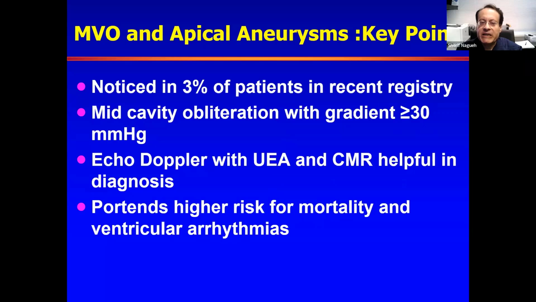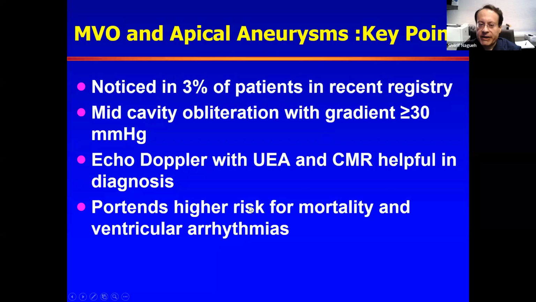Sometimes there is complete apposition of the two walls and no actual flow. In this case, the echo will tell you that there is zero gradient really because there is zero flow, but that doesn't mean that there is no severe obstruction. So you have to combine the imaging, 2D, 3D by echo and CMR, along with the Doppler data, not just the Doppler data by itself.